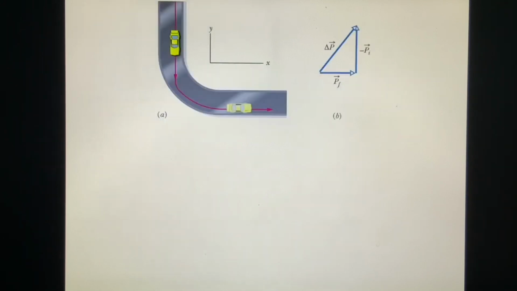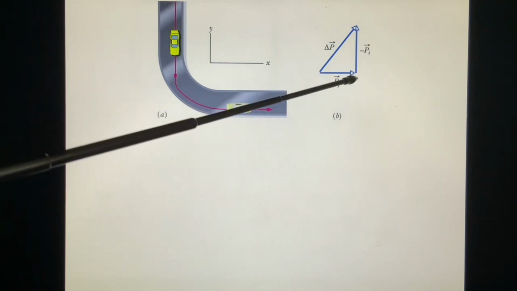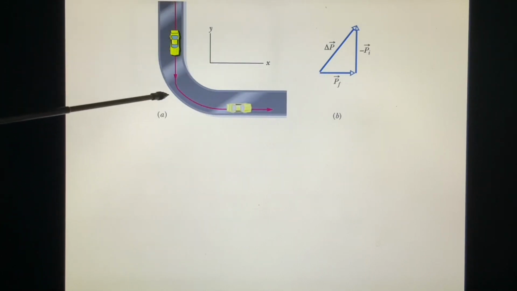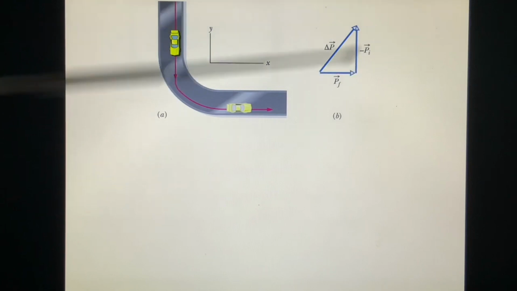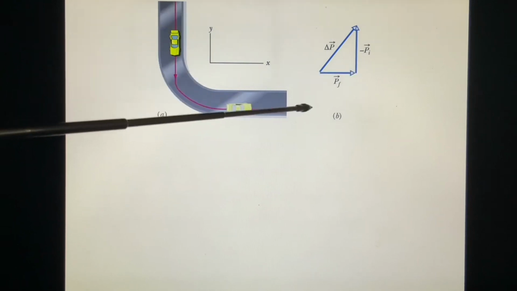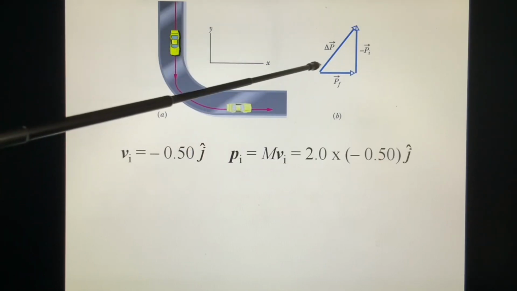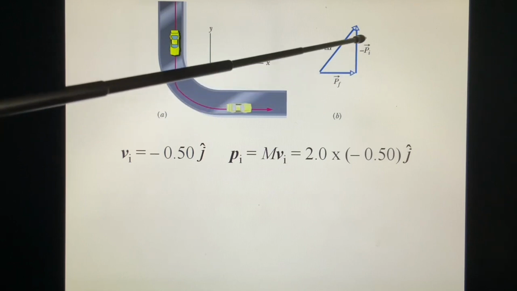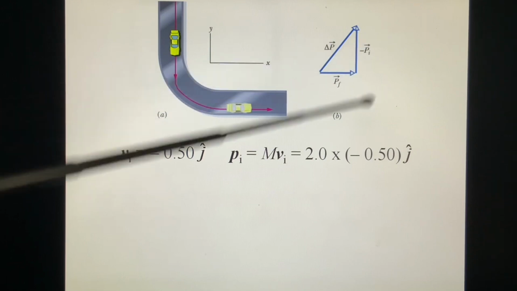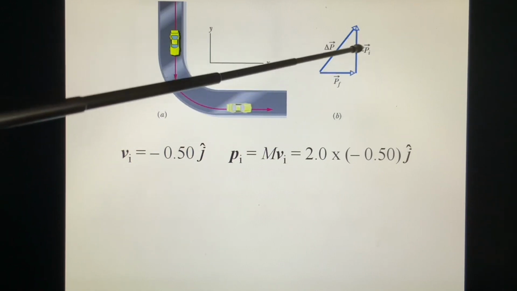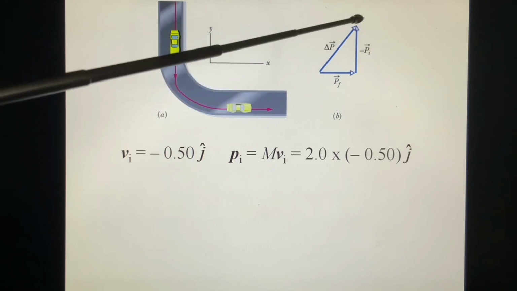That's very simple. This is p initial, and this is p final. The delta p definition is p final minus p initial, or p final plus minus p initial. This is delta p.